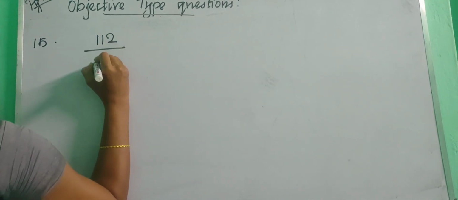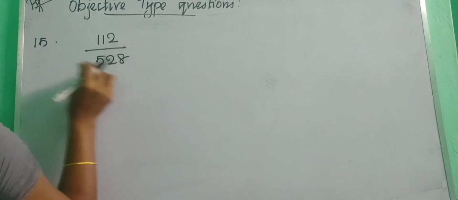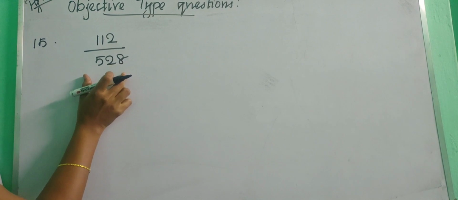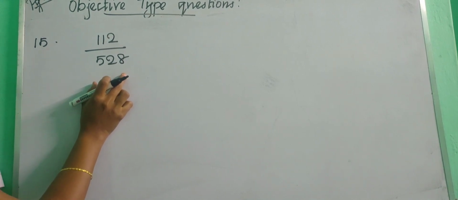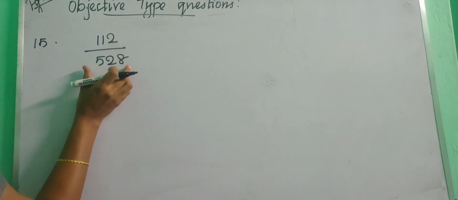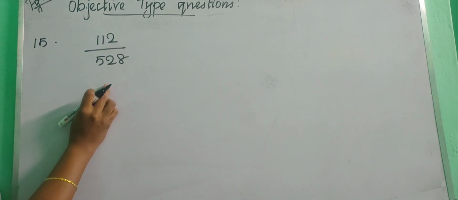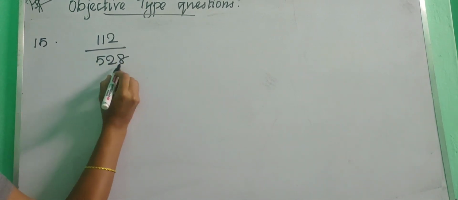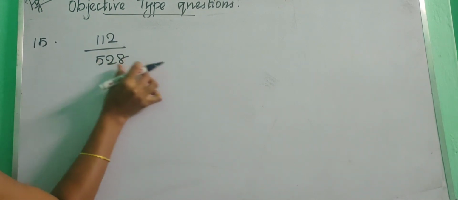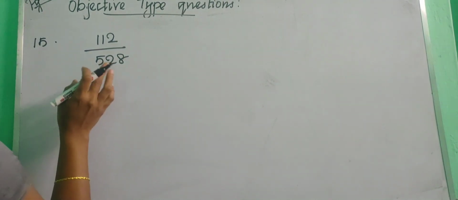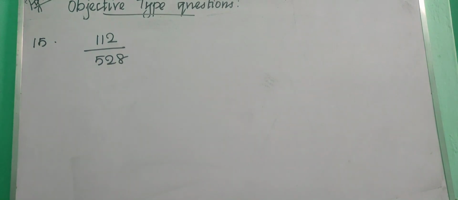If the denominator has 3 digits, we need to add all the digits. So first let us bring this rational number in the simplest form.